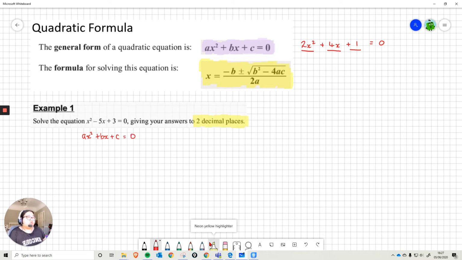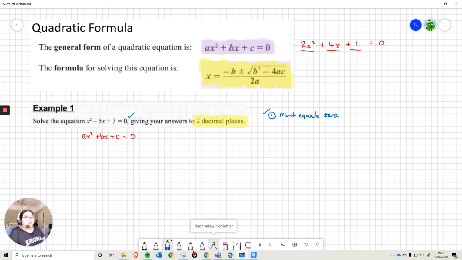Now, just like before when we were solving quadratics, the very first step when we were factorizing was that the equation must equal 0. The same still applies with the quadratic formula, so it must equal 0. Otherwise, we can't solve the equation. So we're okay here. We've got it equal to 0, so that's our first step complete.